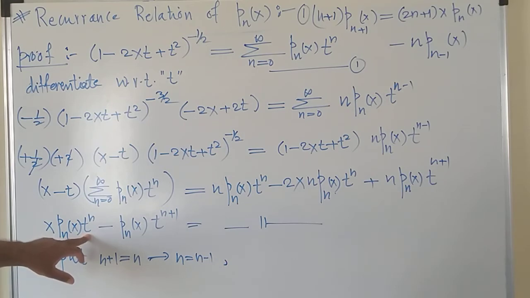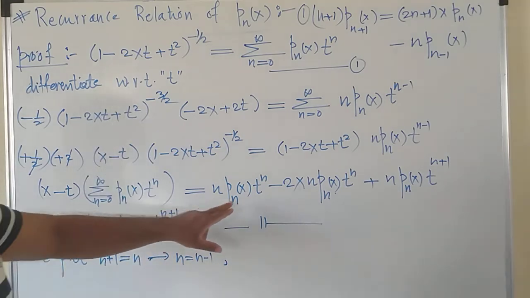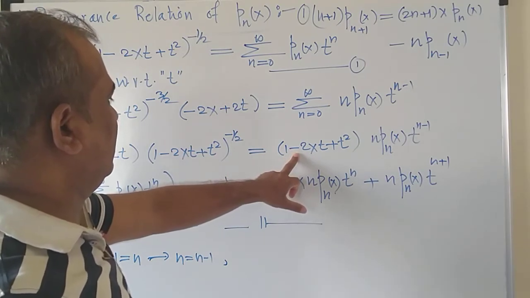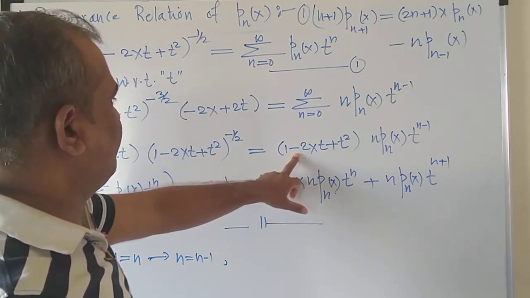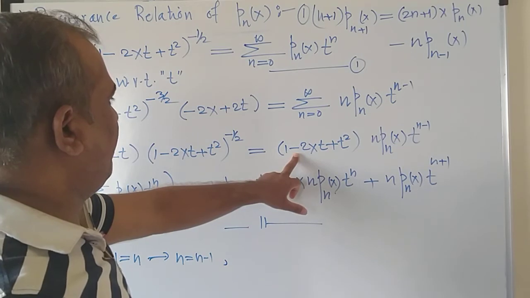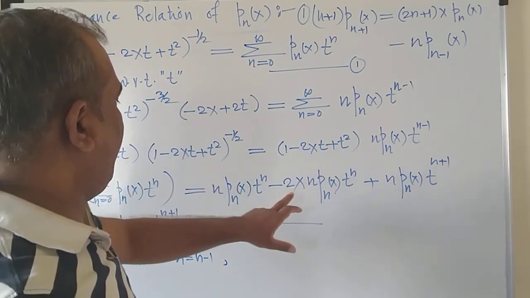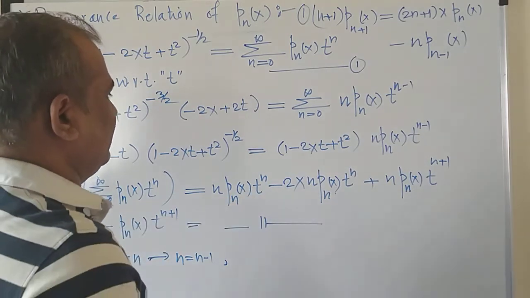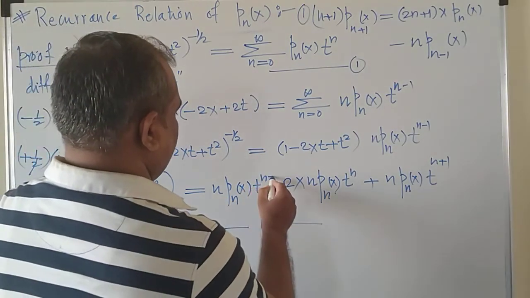T raised to n plus 1. Here must be n Pn of x t raised to n minus 1. No, we are wrong here.